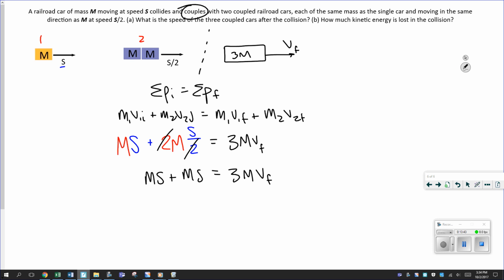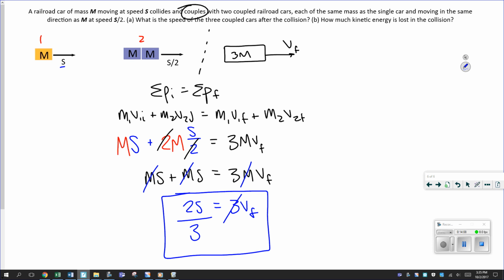We have a choice here, but when I see a common factor in every term, it's appropriate to divide those away. Notice on the left we have s plus s, that's 2s. On the right we're left with 3 v final. So there's our answer for v final: 2/3 of s.